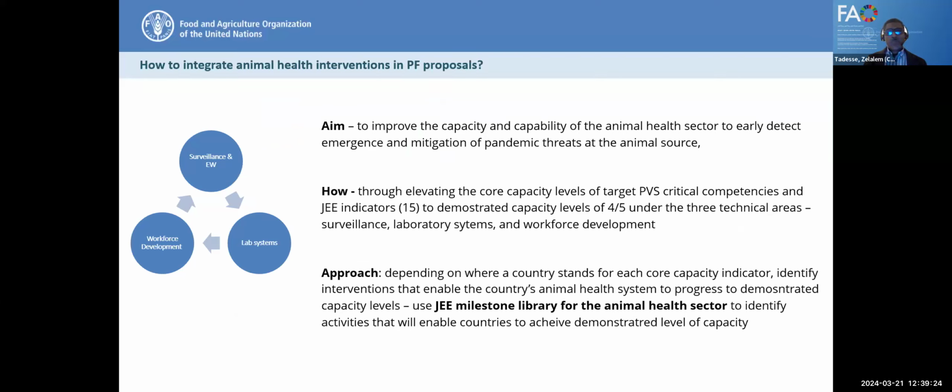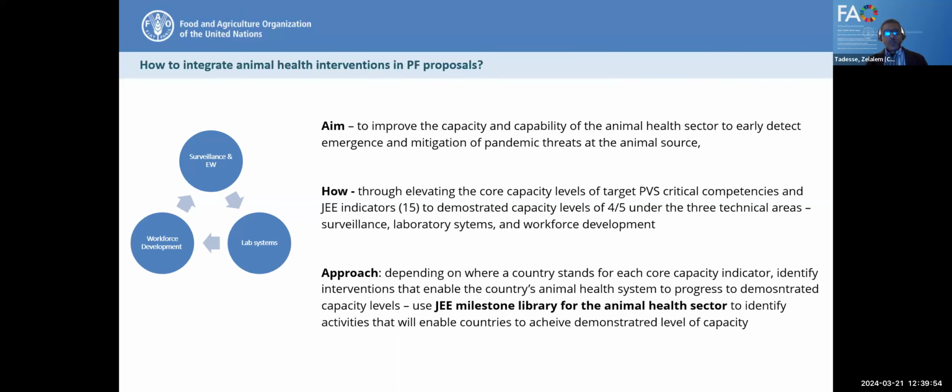What is the practical approach that we need to take to integrate the animal health sector interventions into pandemic fund proposals? As you know, the aim of the pandemic fund, especially in the context of the animal health sector, is to improve the capacity and capability of the animal health sector to be able to detect early the emergence and mitigation of pandemic threats at the animal source.